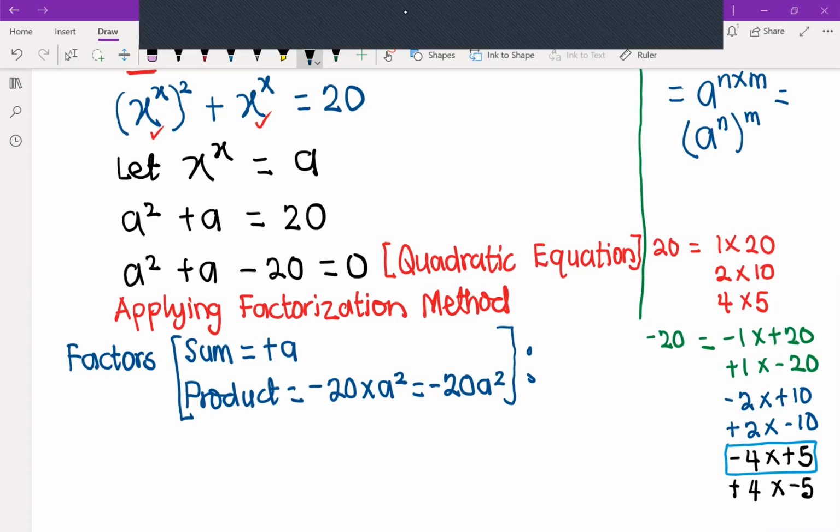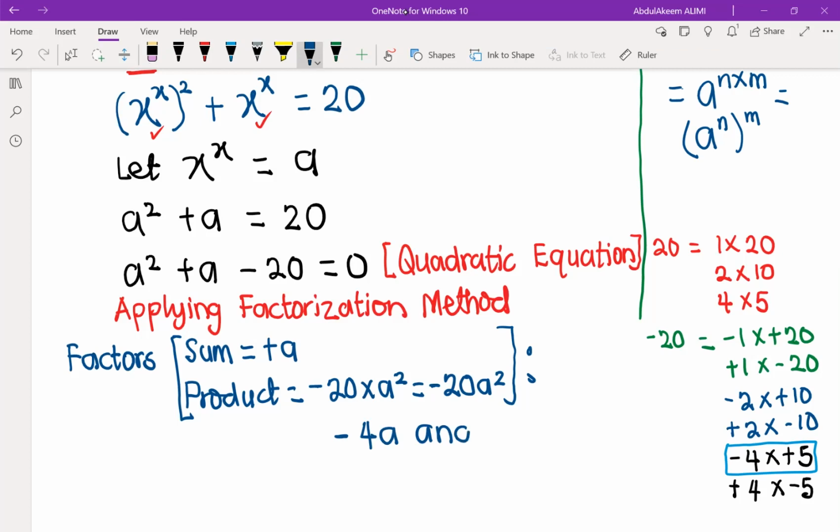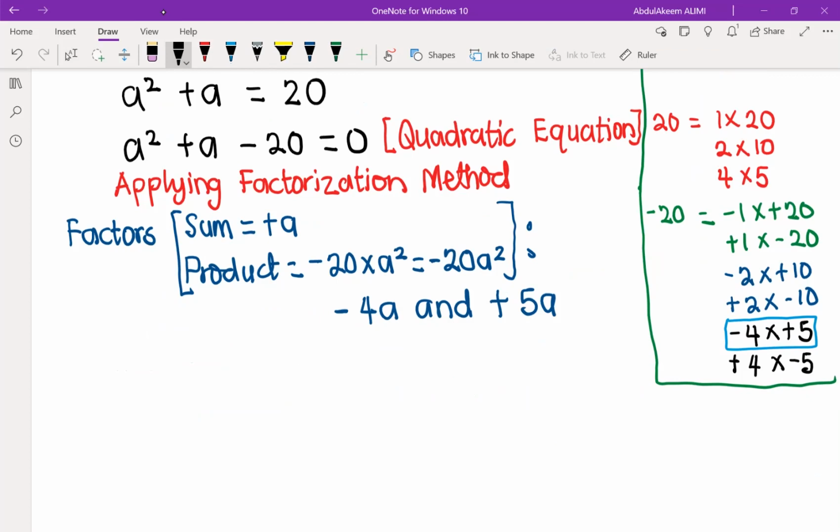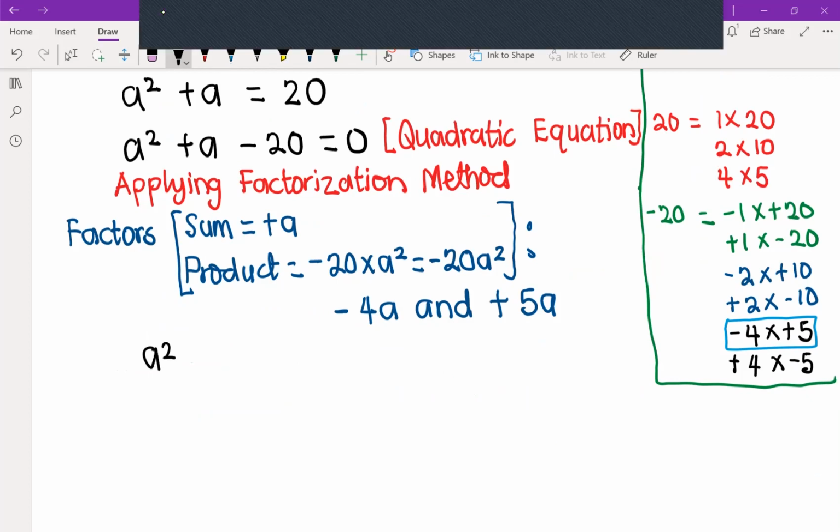So my factors will now become minus 4a and plus 5a. When I have this, what do I do now? Let me write out the equation back: a squared plus a minus 20 equals 0.